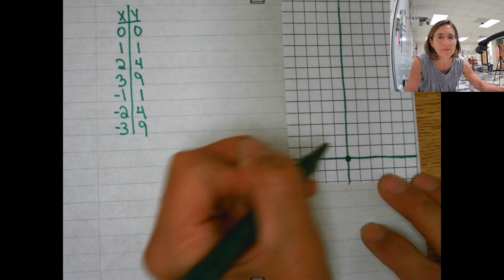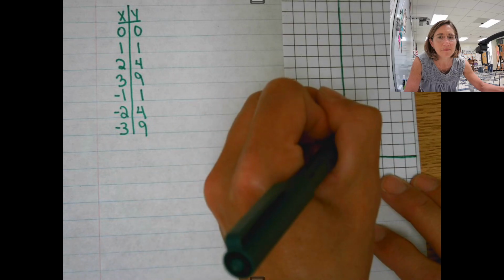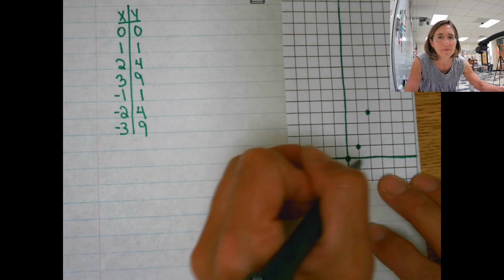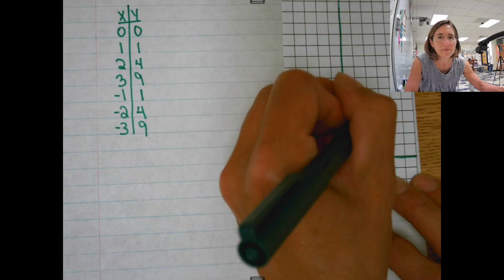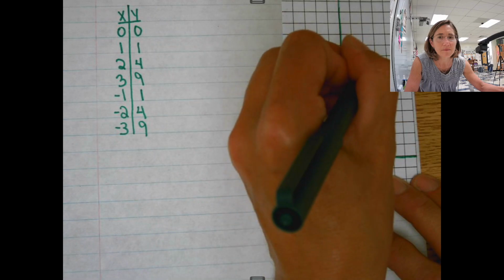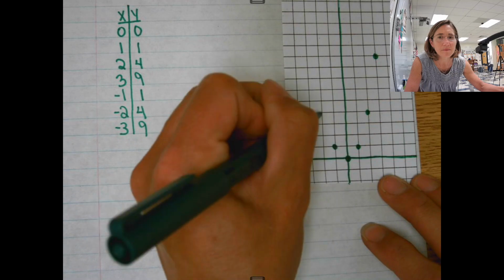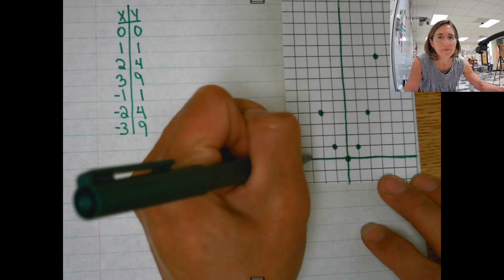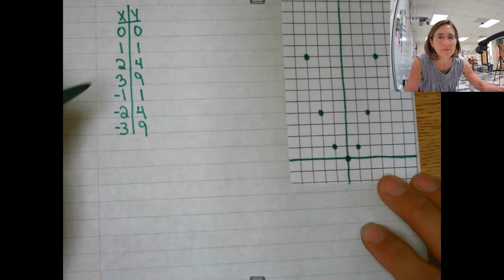There's 0, 0, 1, 1. 2, 4. You can pause this video if I'm going too fast. 3, 9. Negative 1, 1. Negative 2, 4. Negative 3, 9.